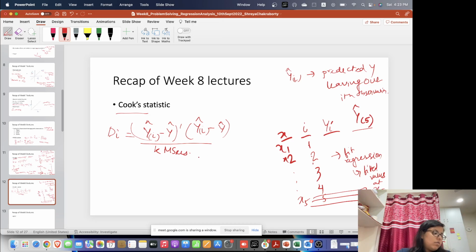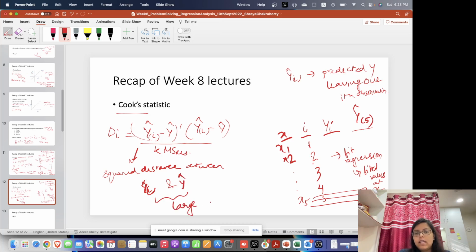Okay, so this one actually gives the squared distance between y hat_i and y hat. If the difference is large, then it means that the ith observation is an influential point, because the presence and the absence of i is making a huge difference in the predicted y, that is, it depends on the regression line.